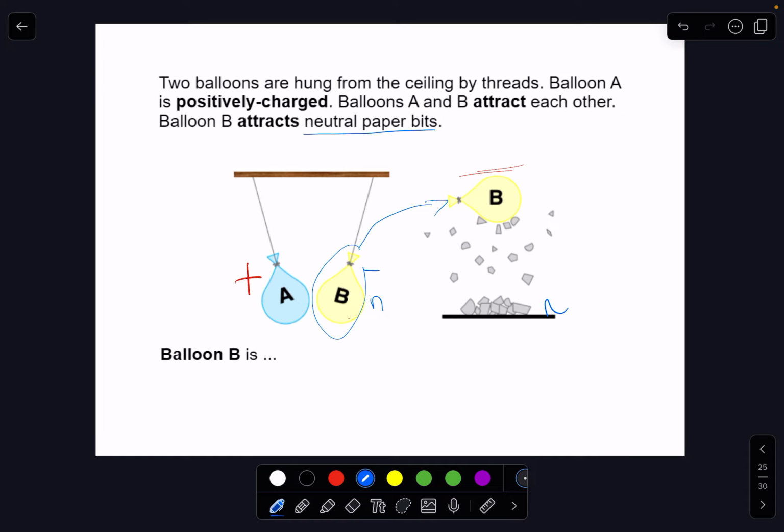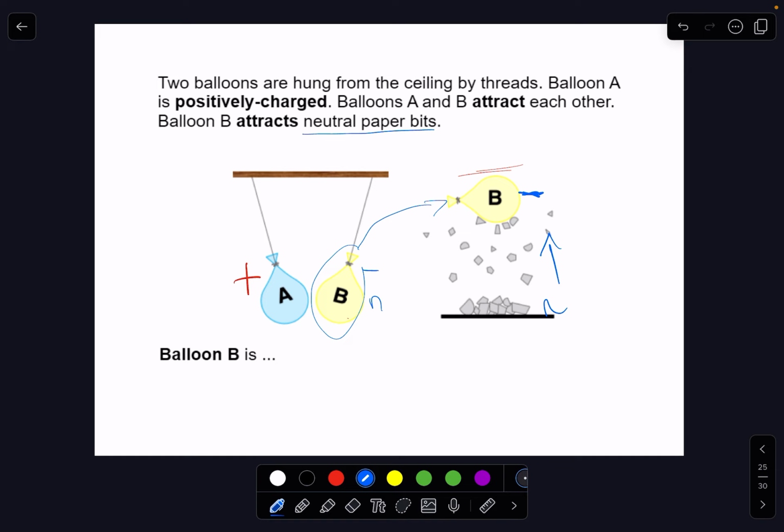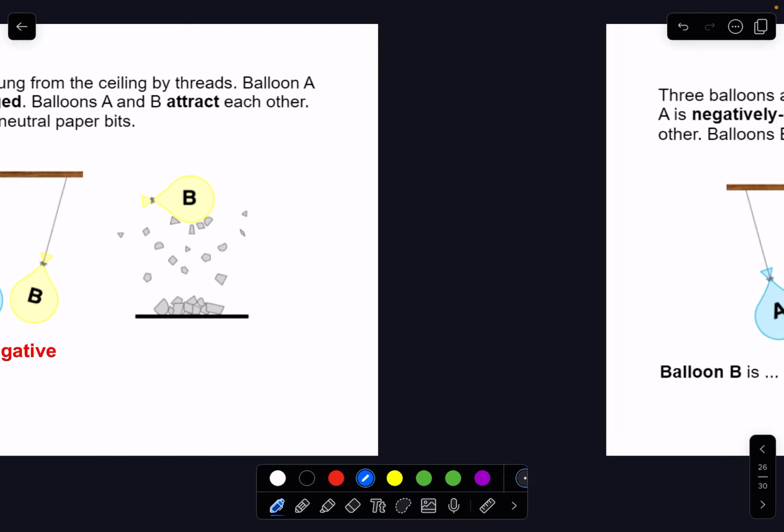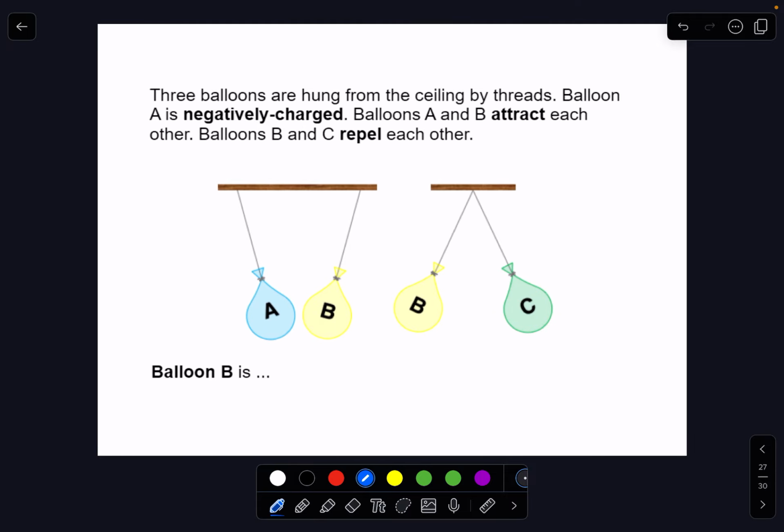So if my paper bits are neutral, but it's being attracted to my balloon, then we know that this balloon is in fact negative, right? So it was attracted to A because it is polarized, or it could have been polarized, but the fact that it is able to attract these paper bits means it's not just polarized, it has to actually be charged, therefore B would be negative. All right, I'm going to let you try to figure this one out on your own and check your answer on the next slide when you're ready.